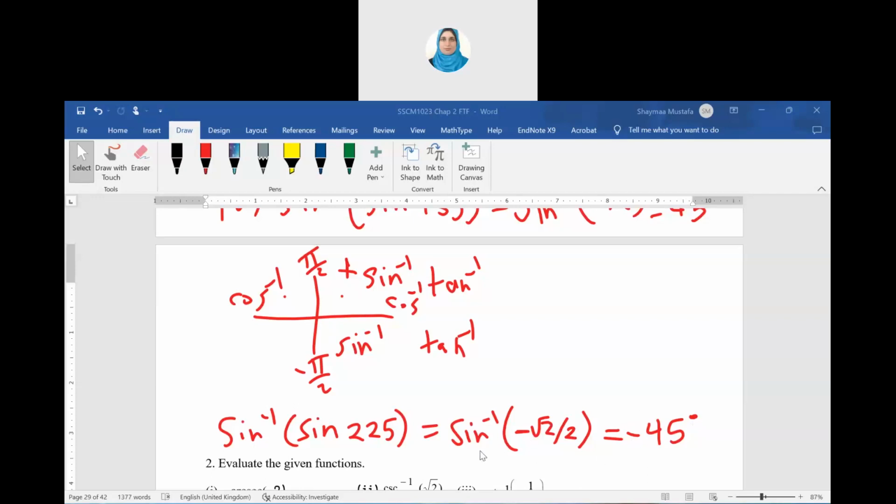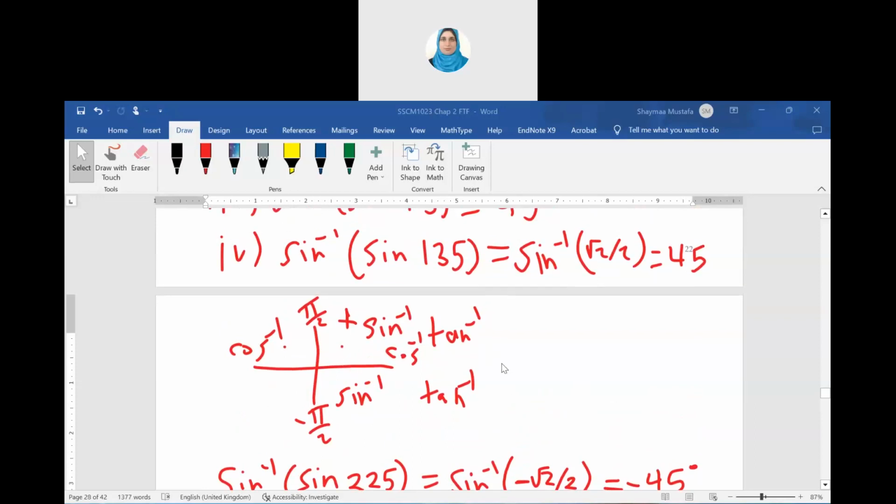So it will be minus the equivalent value in the last quadrant, which is minus 45 degrees. So be careful when you solve questions like these, because we need to check if the answer is within the range of the original function or not. Okay?